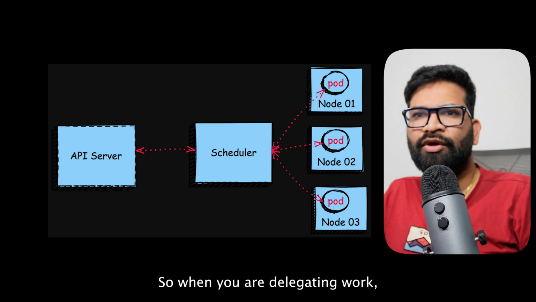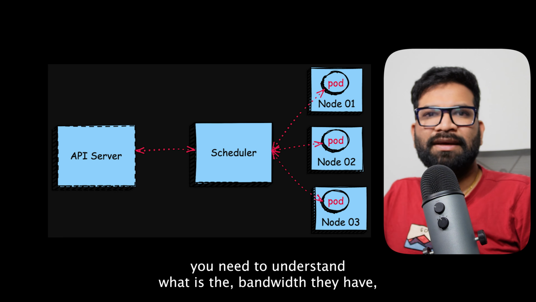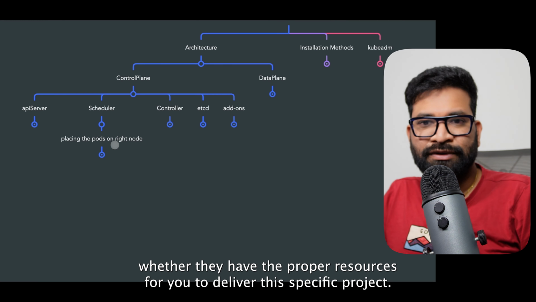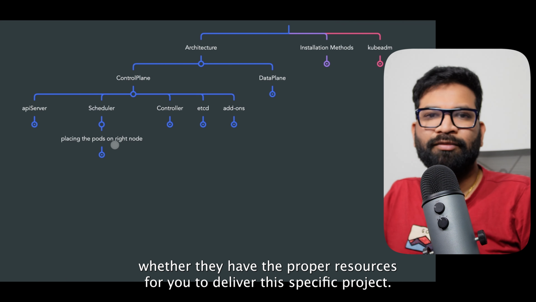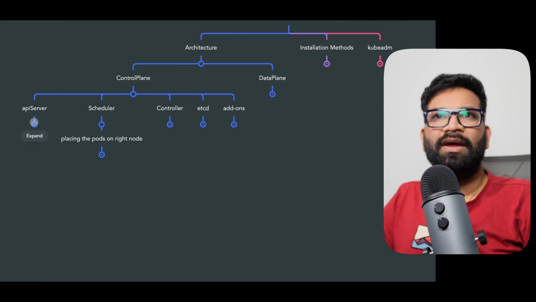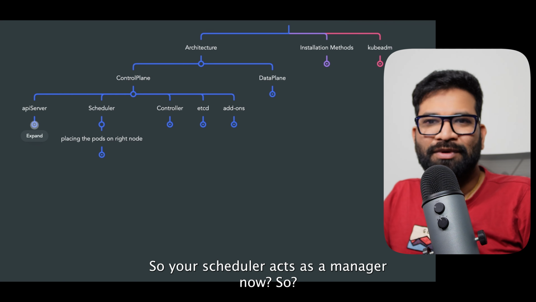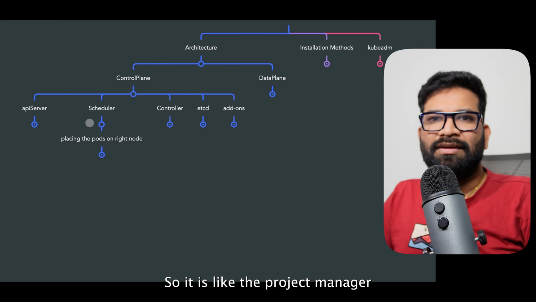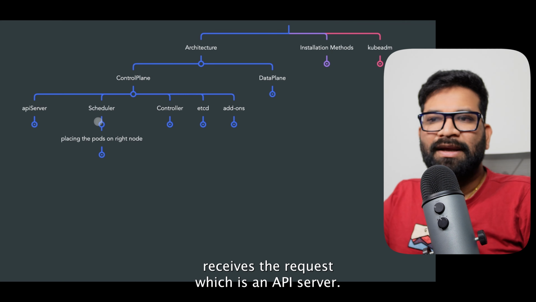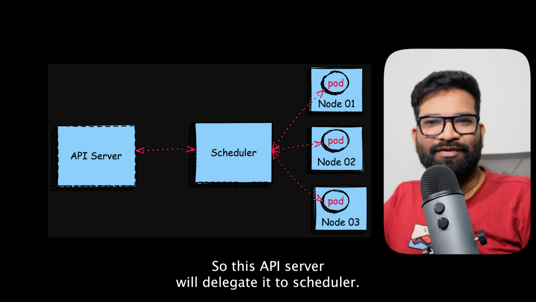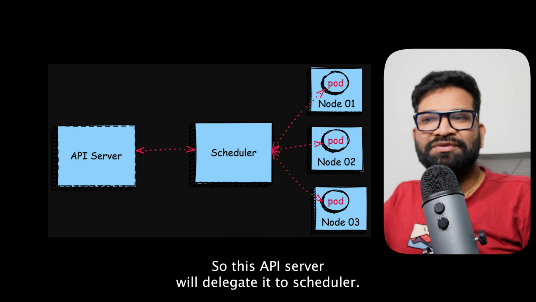When you're delegating work, you need to understand what bandwidth they have, whether they have the proper resources for you to deliver this specific project. All of these things are handled by the manager, right? So your scheduler acts as a manager. It's like the project manager receives the request, which is the API server. This API server will delegate it to the scheduler.